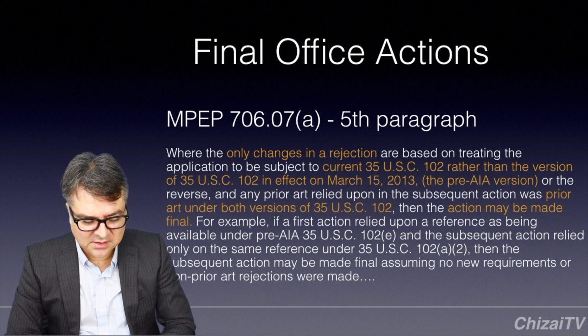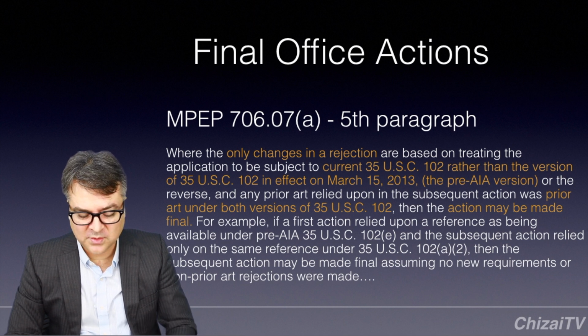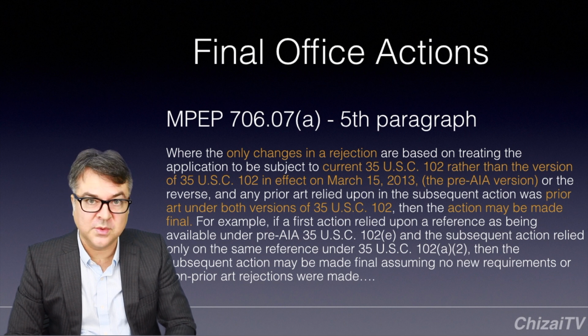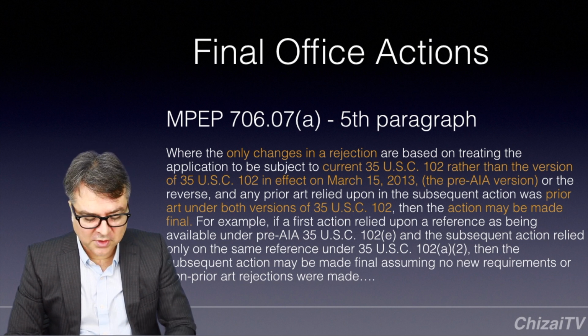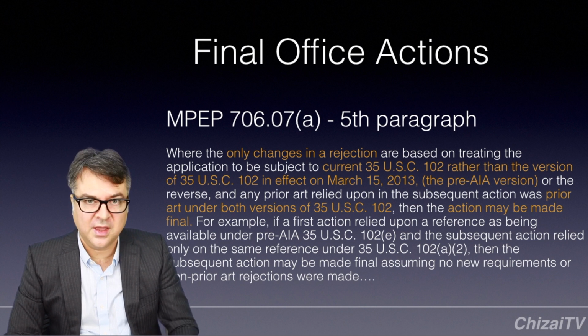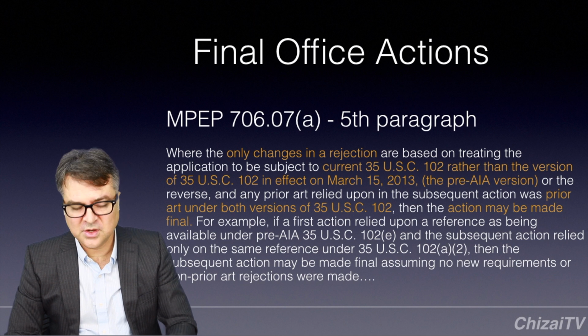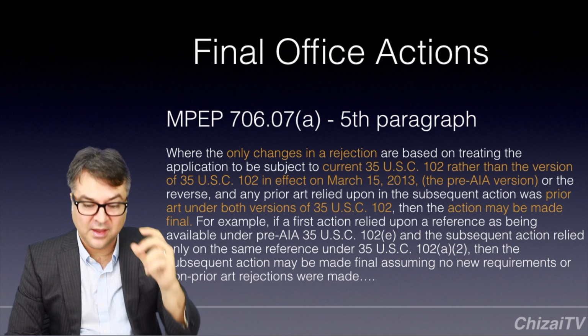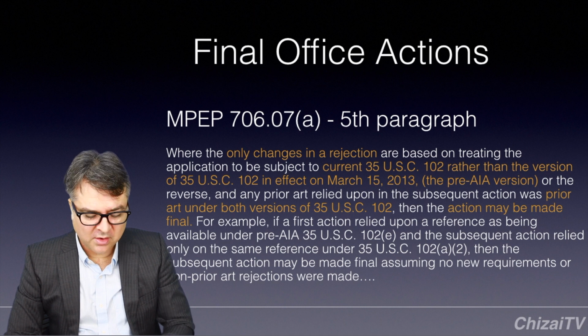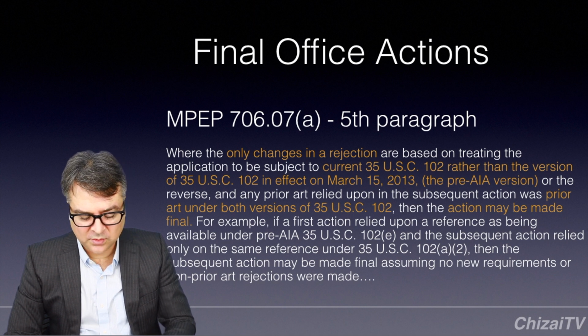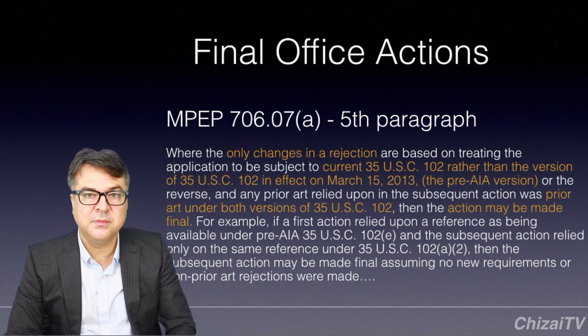So this states, where the only changes in a rejection are based on treating the application to be subject to current 35 USC 102, so AIA 35 USC 102, rather than the version that was in effect on March 15th, 2013, that's the pre-AIA version, or the reverse, so if it's AIA and then you go to pre-AIA, and any prior art relied upon in the subsequent action was prior art under both versions of 35 USC 102, then the action may be made final.